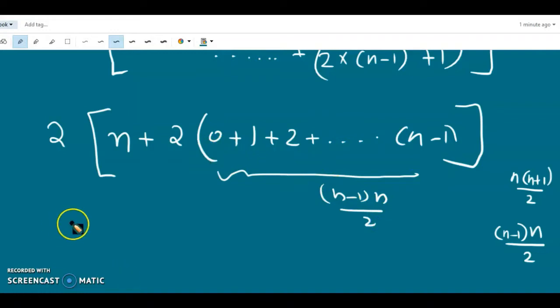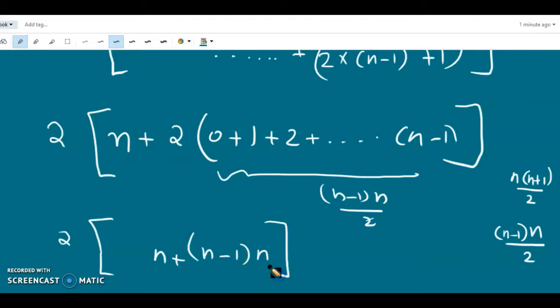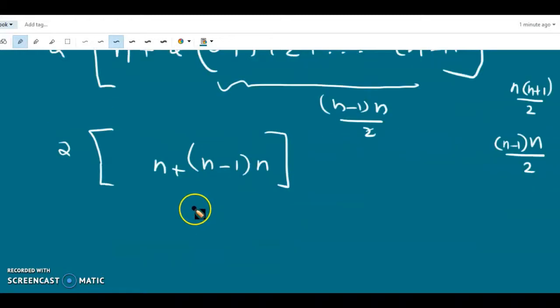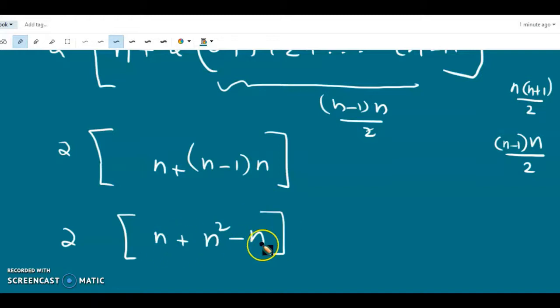അതിന് 2 കൊണ്ട് മൾട്ടിപ്ലൈ ചെയ്യുമ്പോൾ 2 അങ്ങ് കട്ട് ചെയ്ത് പോകും. പിന്നെ അവിടെ ഓൾറെഡി സ്പിൻ കൊണ്ടുള്ള 2 വരുന്നുണ്ട്. അപ്പോൾ ഈ 2ഉം ഈ 2ഉം കട്ട് ചെയ്ത് പോകുമ്പോൾ n minus 1 into n ഇങ്ങനെയാണ് വരുന്നത്. 2 into n plus ഇതിനെ ക്രോസ് മൾട്ടിപ്ലൈ ചെയ്യാം n സ്ക്വയർ മൈനസ് n. ഈ മൈനസ് n ഉം പ്ലസ് n ഉം കട്ട് ചെയ്ത് പോയി 2n square.